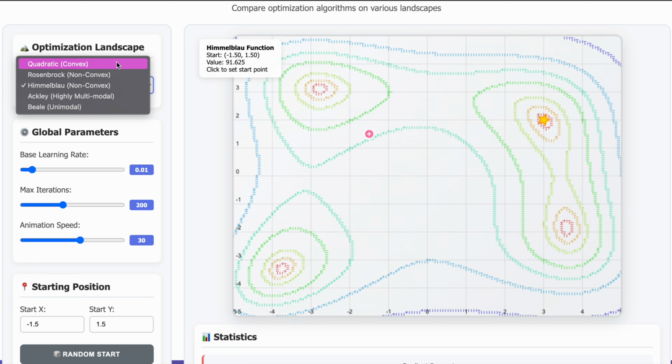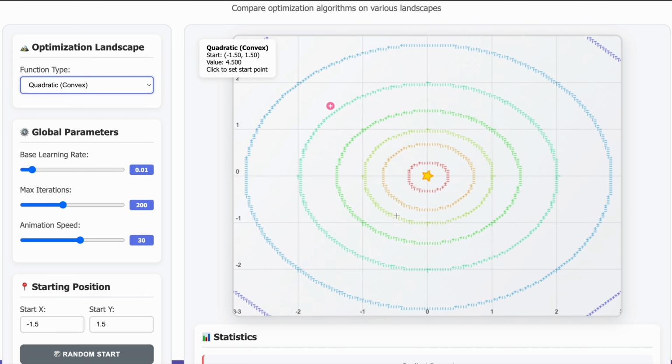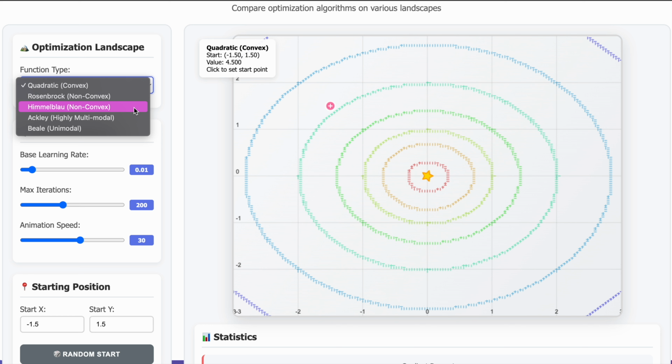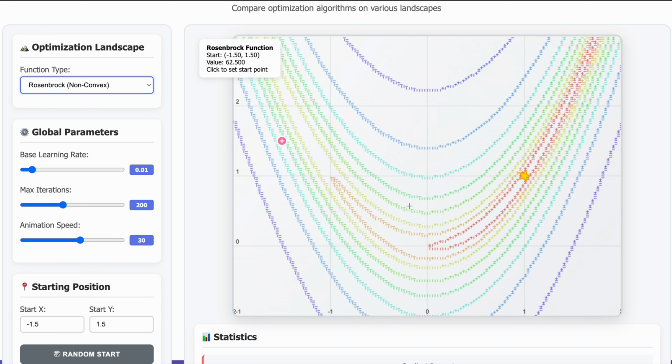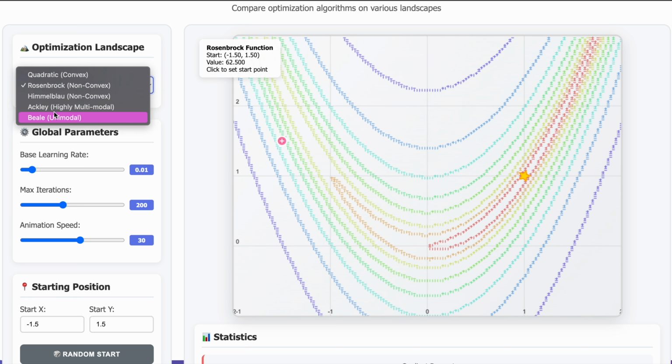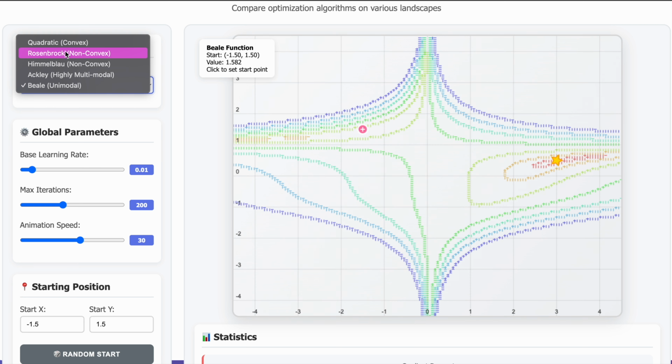One thing more: this star is the global minima. It is like a cup in which the center point is the global minima, and in Rosenbrock, again, here is the global minima.